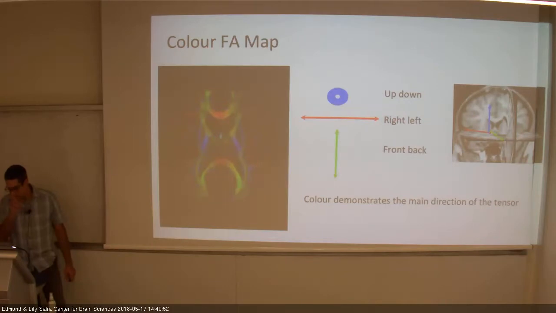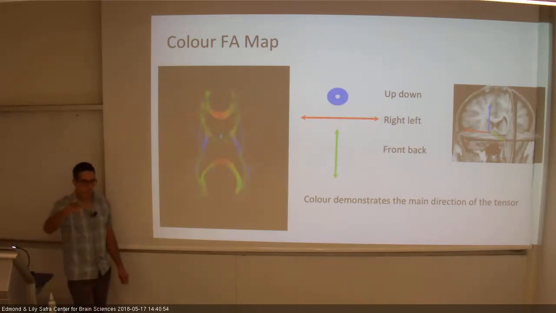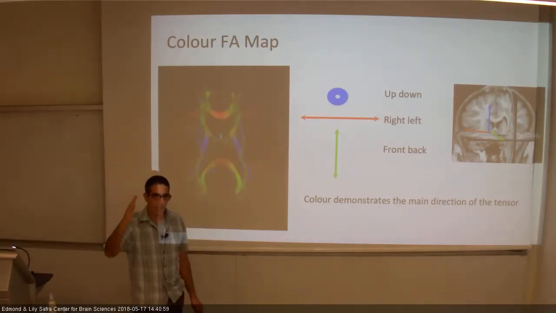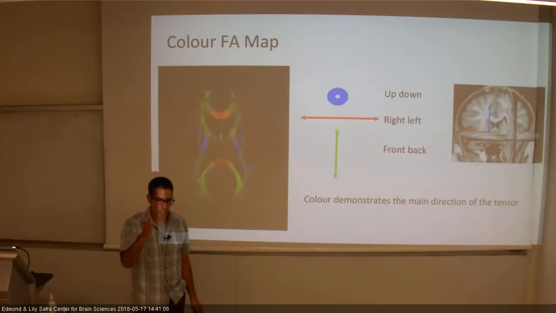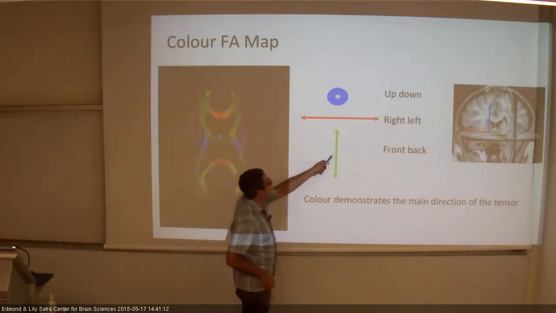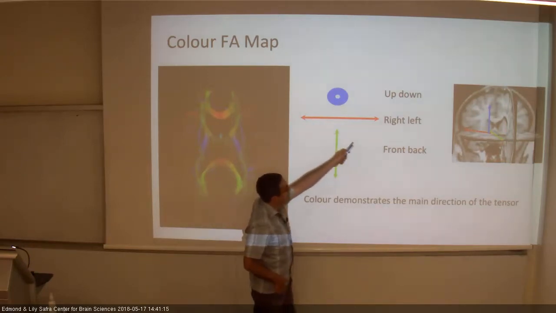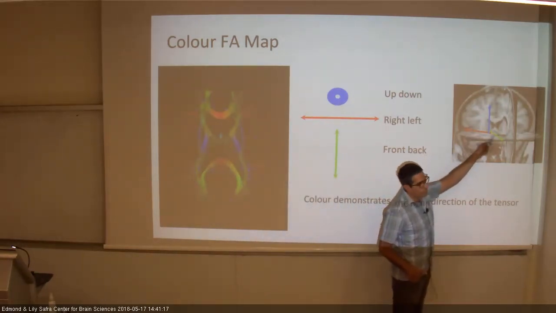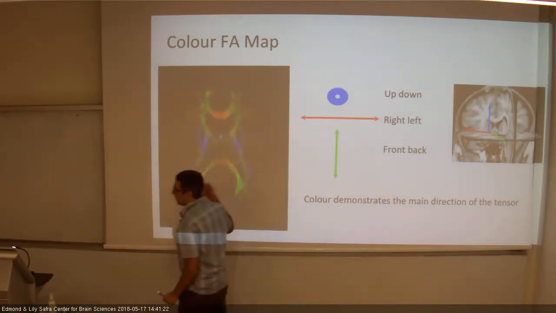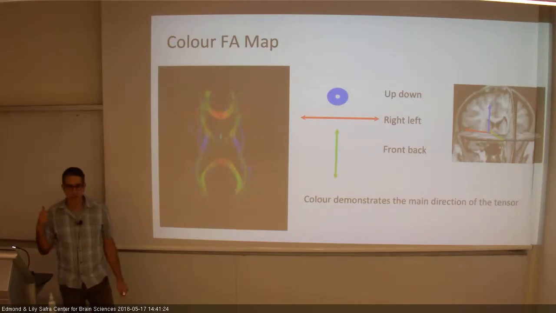One more thing that we have with diffusion, because you remember this tensor also had an eigenvector that described the main orientation, so we can color code where this main orientation was projecting in X, Y, Z. The typical thing is to use green, red, blue to identify the three orientations, and then we can color code the FA map with the color of the main orientation.